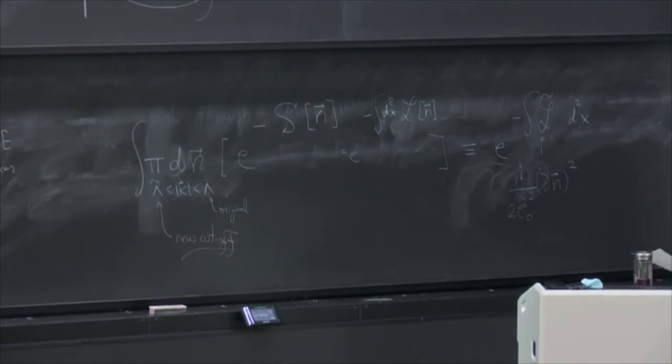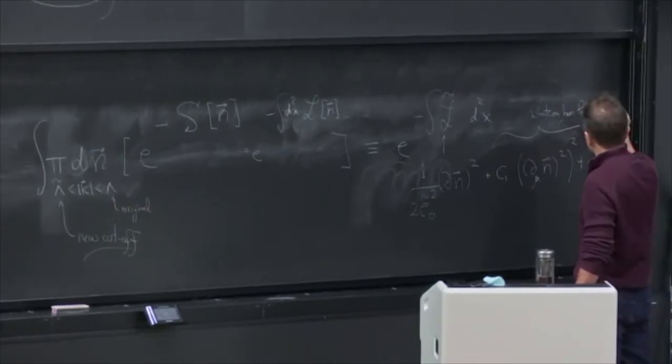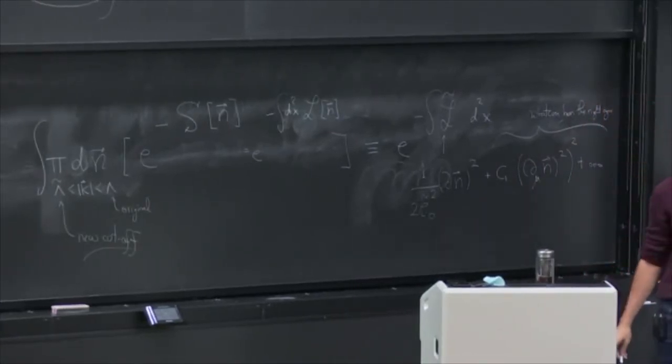Whatever I generate that has O(N) symmetry, there could be plus some constant C1 times, say, (d_mu d_mu n) squared, plus dot dot dot. So when I integrate out, I generate whatever has the right symmetry. Anything that has the right symmetry would be generated upon integrating them out.